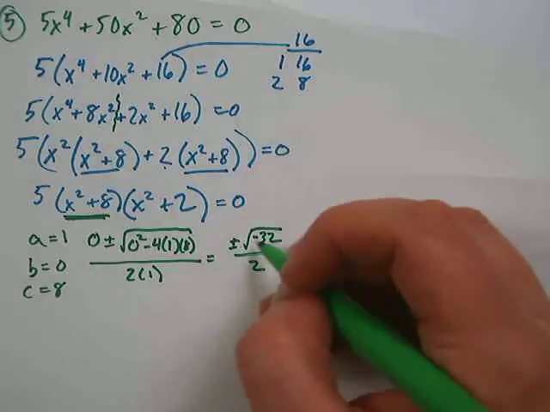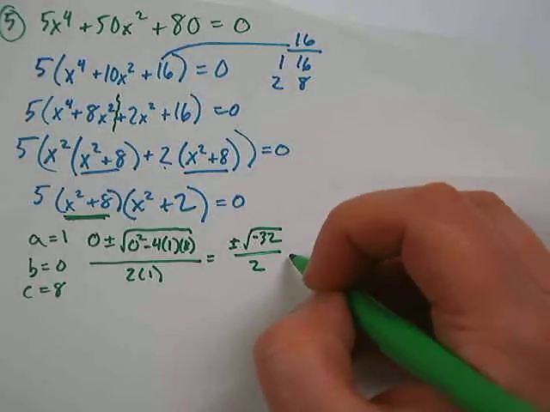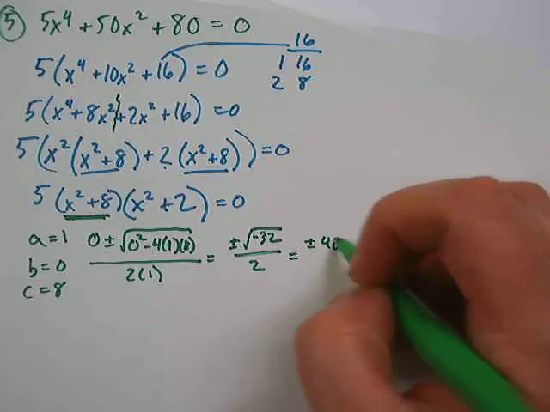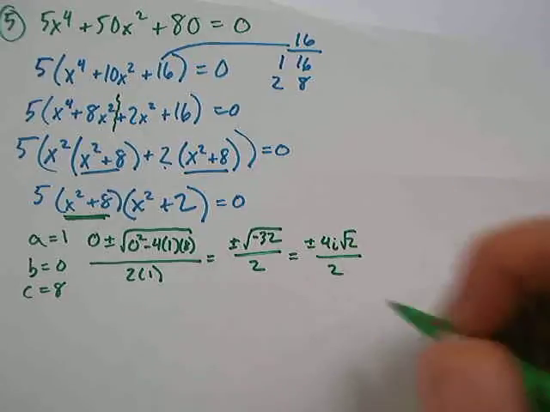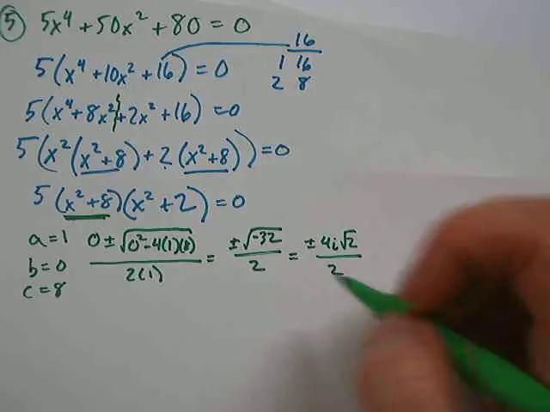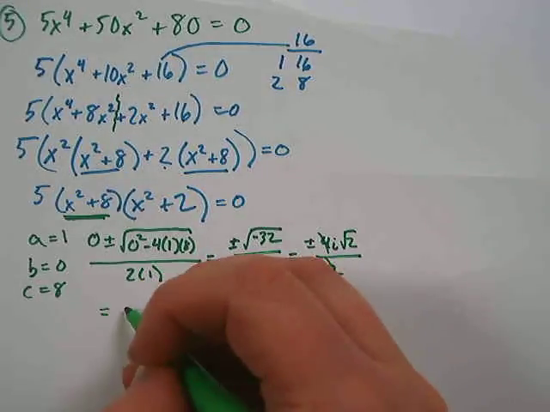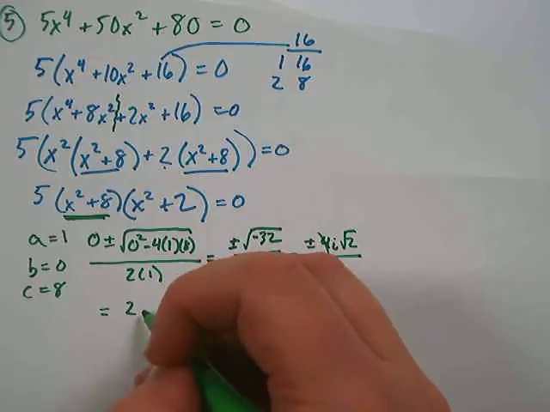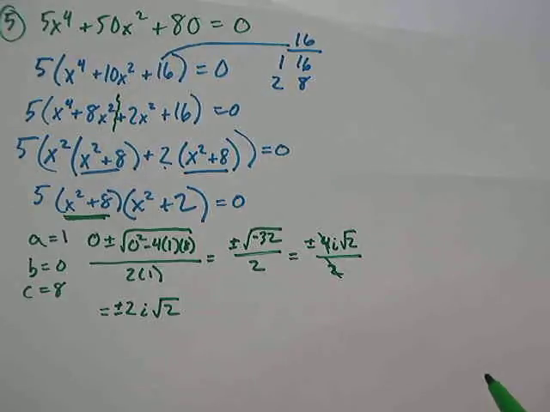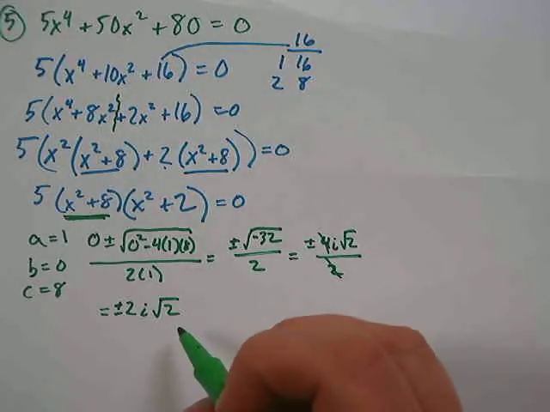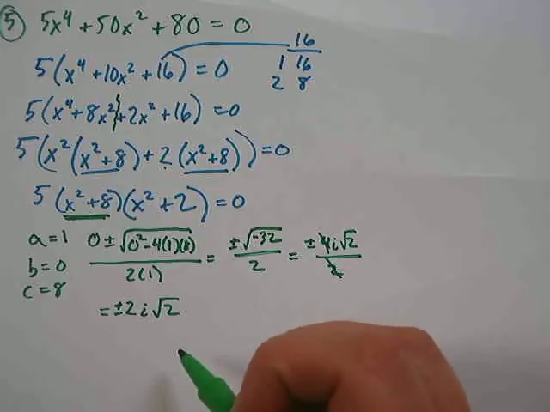So simplifying what's under our square root further, we end up with plus or minus 4i root 2 over 2. And then to simplify the fraction, we end up with plus or minus 2i root 2. So those are 2 of our zeros. We have positive 2i root 2 and negative 2i root 2.